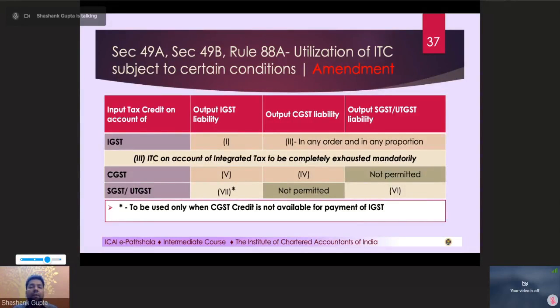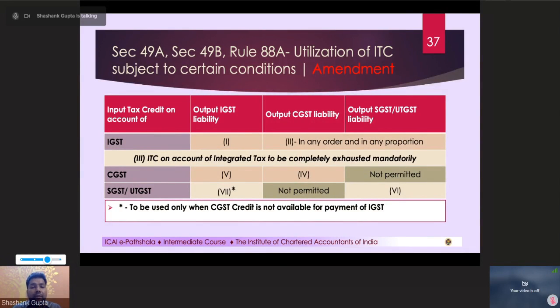Usually, a prudent taxpayer will plan it in such a manner that his tax payable in cash, if any, comes to a bare minimum.